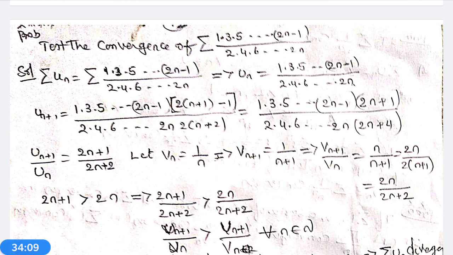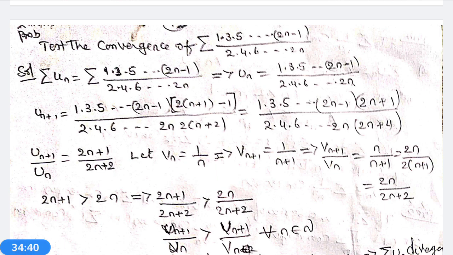Once again, sigma un is equal to sigma 1 into 3 into 5 into etc. 2n minus 1 by 2 into 4 into 6 into etc. 2n. Therefore, un is equal to 1 into 3 into 5 into etc. 2n minus 1 by 2 into 4 into 6 into etc. 2n.